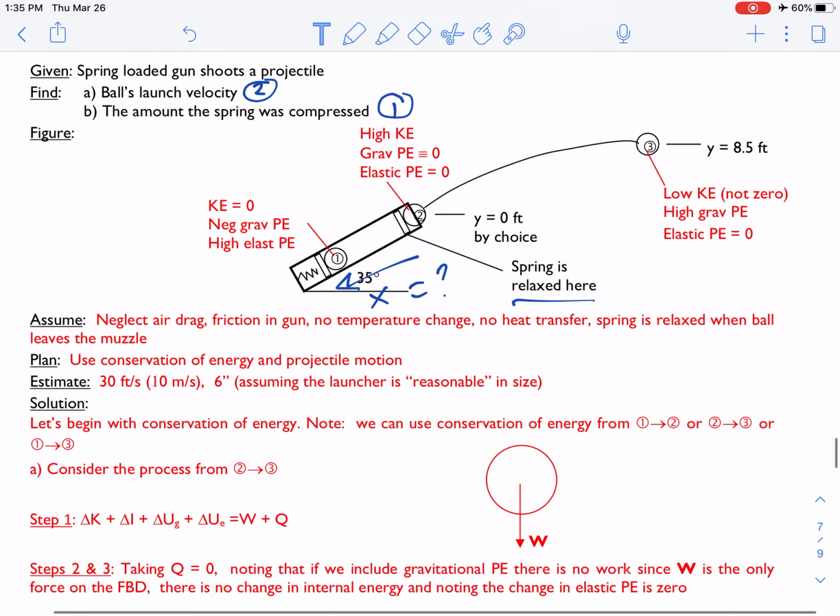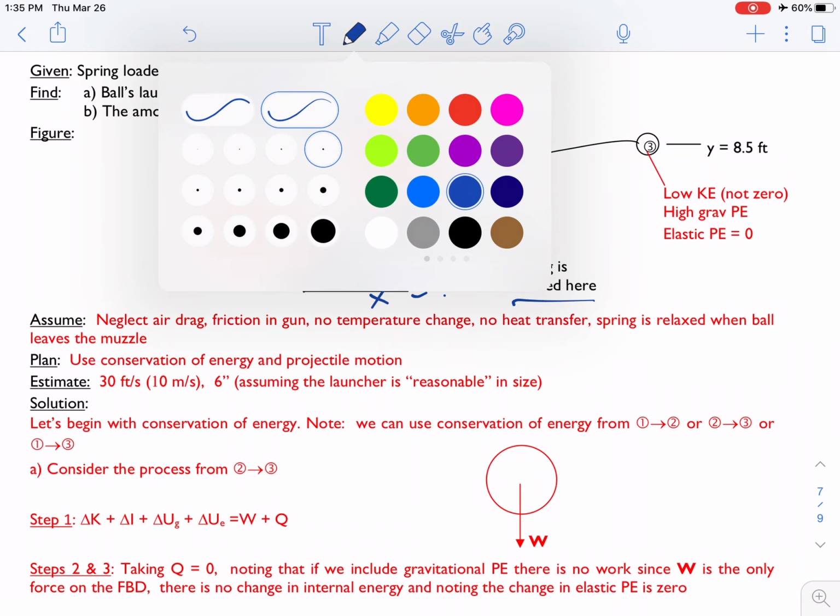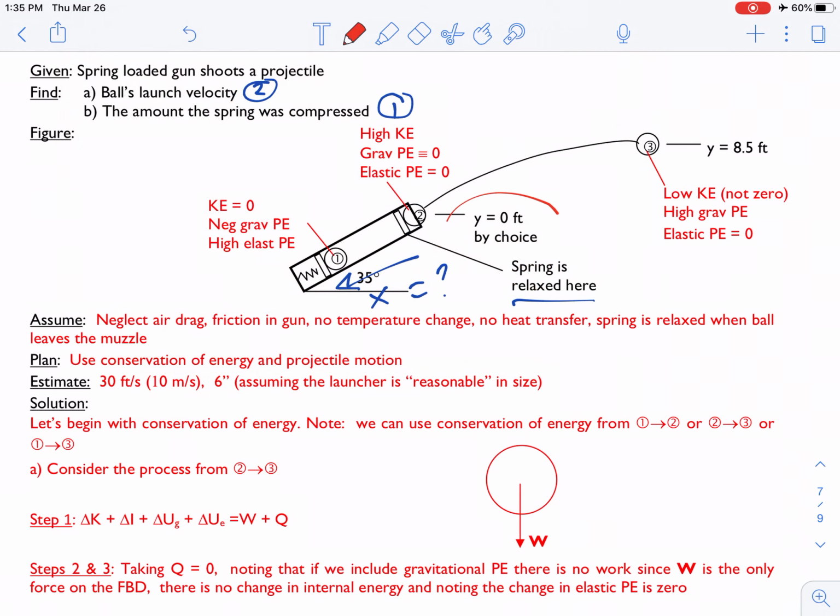In the figure, if you analyze in terms of energy transfer, look at point 1. We first of all compress the spring, right? And we put the ball at point 1. In that case, the object is not moving, so kinetic energy is 0. Gravitational potential energy, since we did something different here, I want to highlight that.